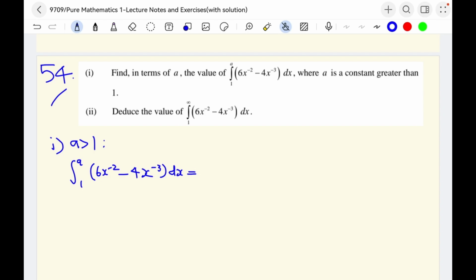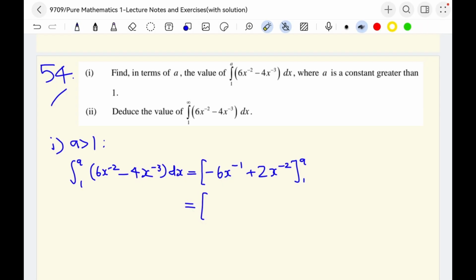Just integrate it. Negative 2 plus 1 is negative 1, divided by negative 1, which gives negative 6 x to the power of negative 1. And this is plus 2 x to the power of negative 2, from 1 to a.